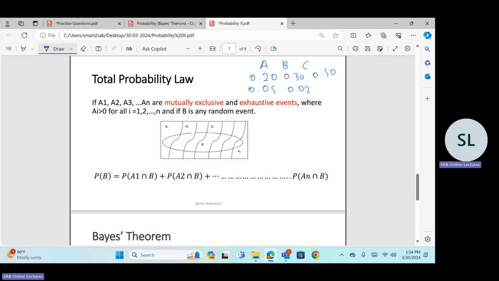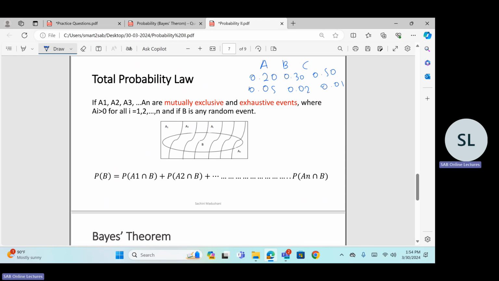Sorry guys, the total production is 30% in machine B, and out of that 2% may be defective. In C, 1% may be defective. Understood? Okay, these are the 3 different machines.